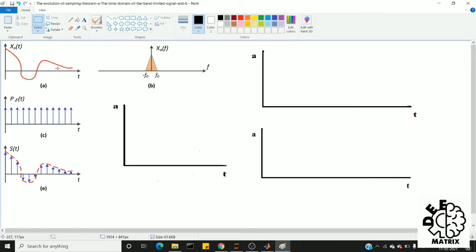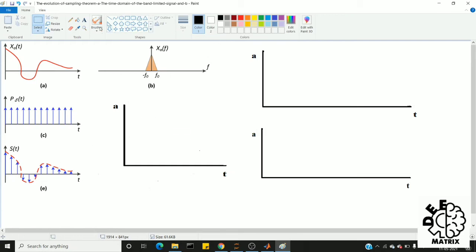Here we already said 2, so 2 twos are 4, so the sampling frequency of these blue arrows should be greater than or equal to 4. It should be 4 or greater than 4. Only in that circumstance can we easily reconstruct this signal from these samples. So this is what the sampling theorem explains.